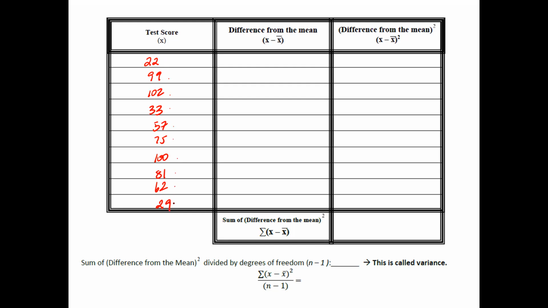Perfect. And then you know that your mean was 66. So I'm going to go ahead and take that number and minus 66 on all of them.